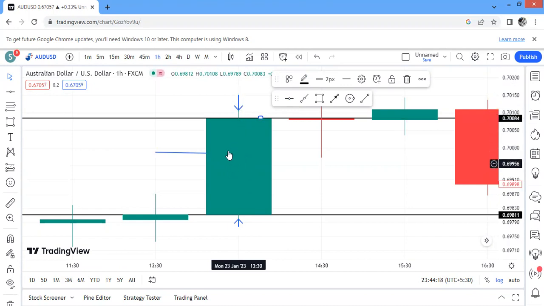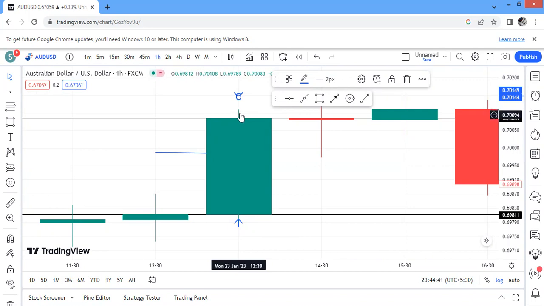So the question is: who wins the battle? When you see that the body of this bullish candle is bigger than this tail here, than this wick here, this wick represents opposition from the sellers. Sellers are trying to push price down, but they were so minimal in the market. That's why you see that this tail is very small.